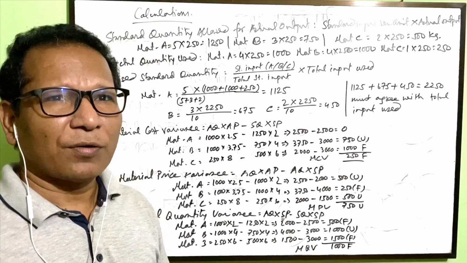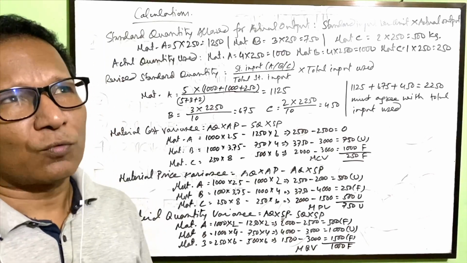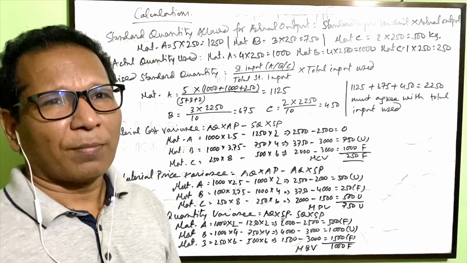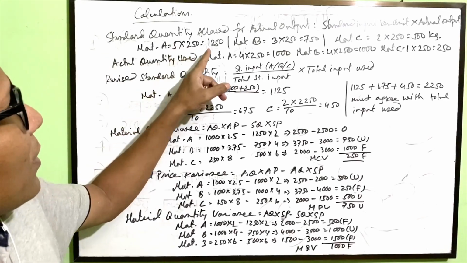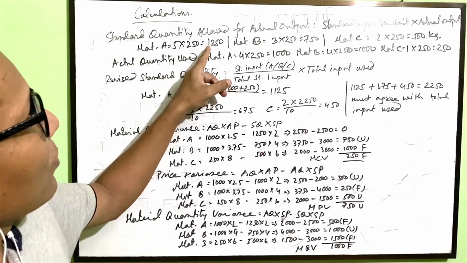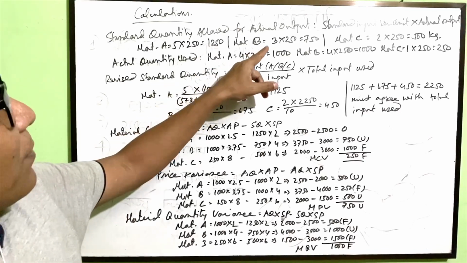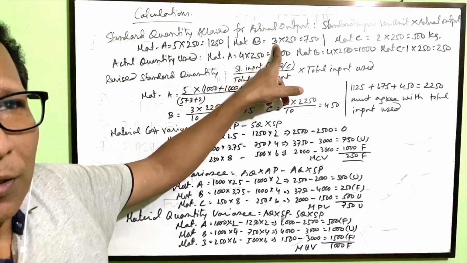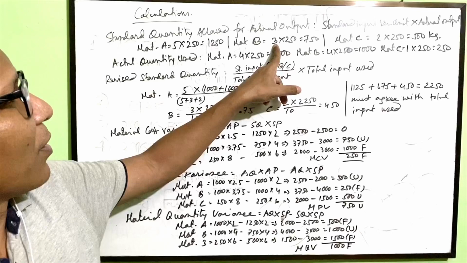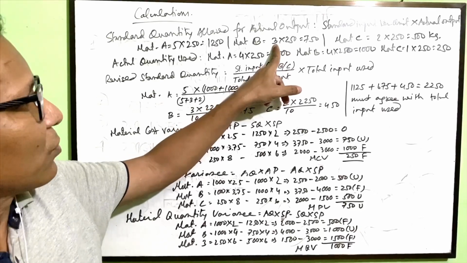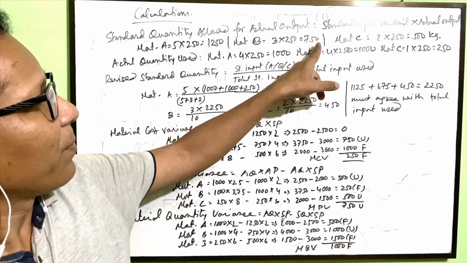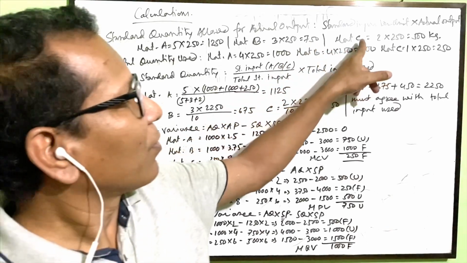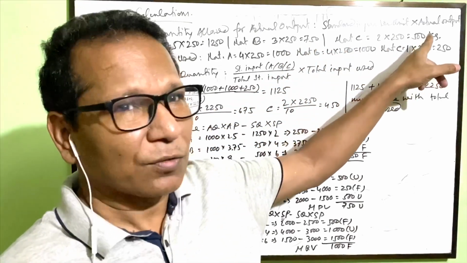Here 250 units are produced. So to produce 250 units, material A requires 5 into 250, that is 1250 kg. For material B, 3 units of raw material are required for every unit, so for 250 units, 750 kg were used, and for C 500 kg were used.